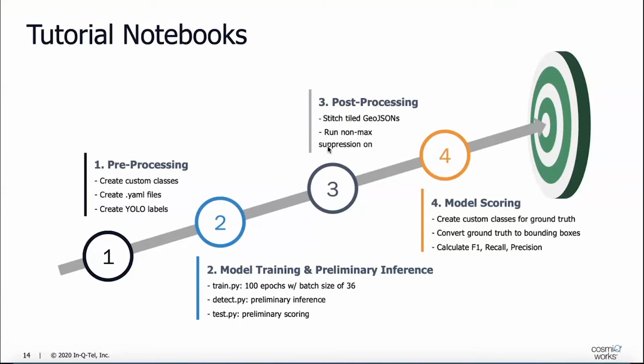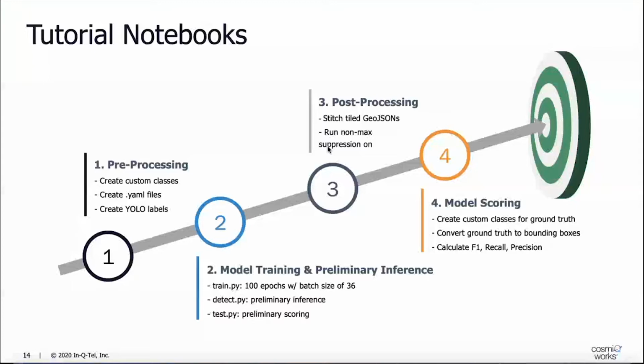And so the rest of this pipeline looks to take those tiled images, convert them back to the larger airfields, and then run model scoring so that you've gotten rid of those redundant aircraft that may not have been labeled appropriately, or maybe only half of one is in one of the tiles. And so you usually get a little bit of a performance boost once you stitch them back together.